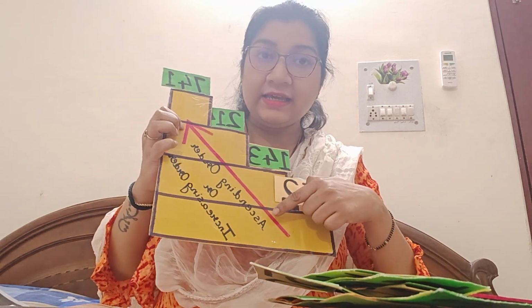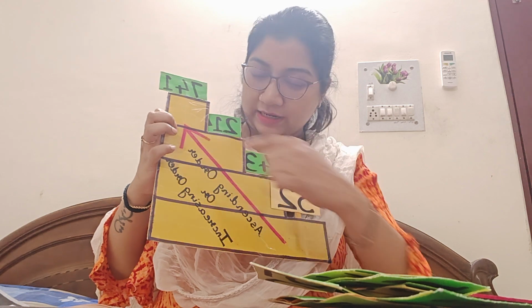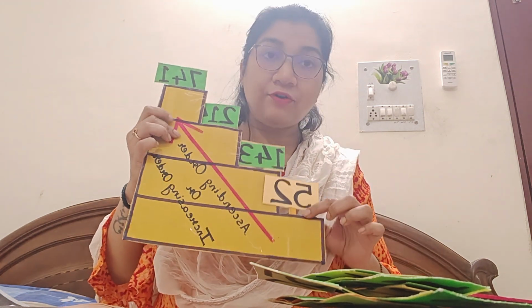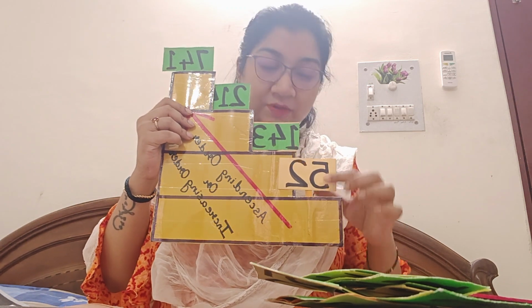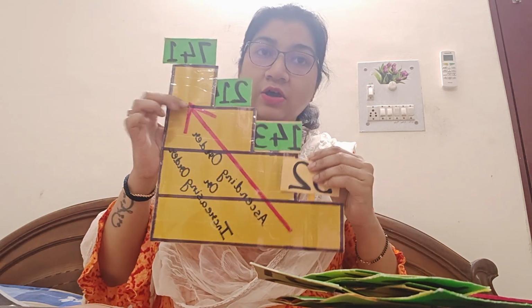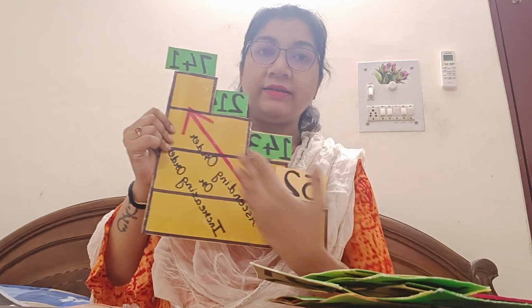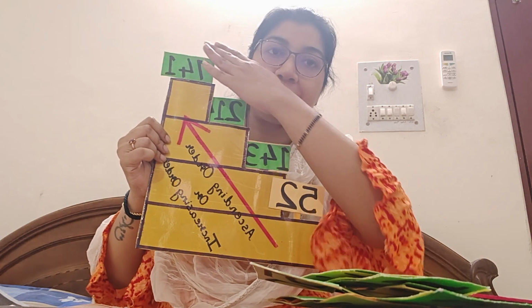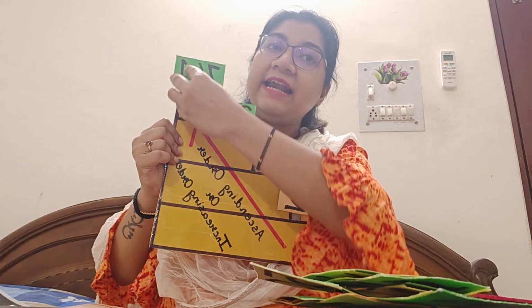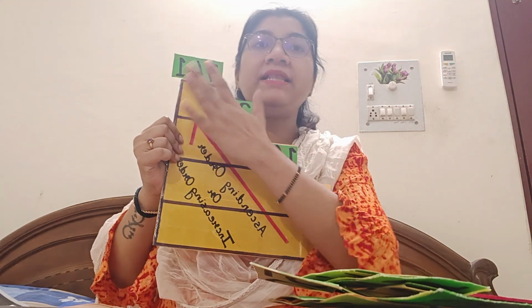You can see the arrow is going upward. That means ascending order, or increasing order. From the bottom, the numbers are increasing and going up. So we will start with the smallest number and end with the biggest number available to us.